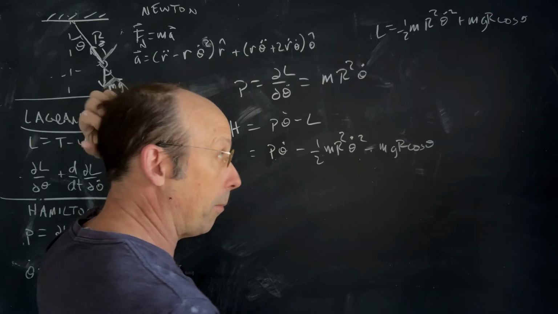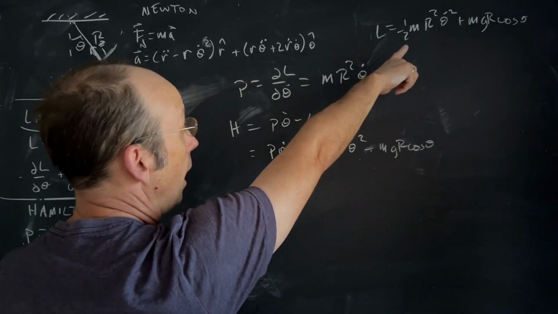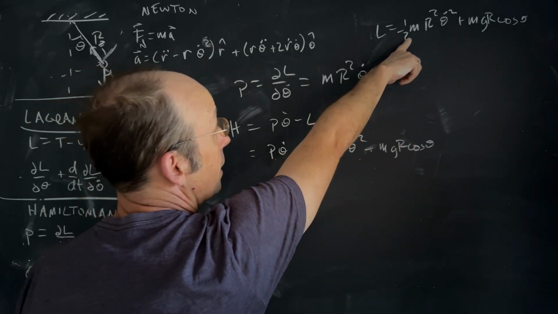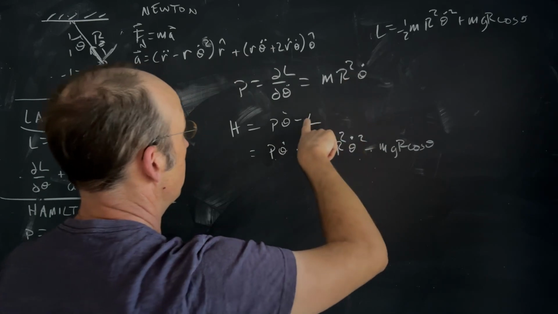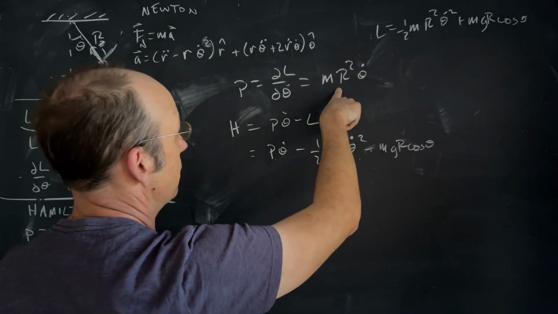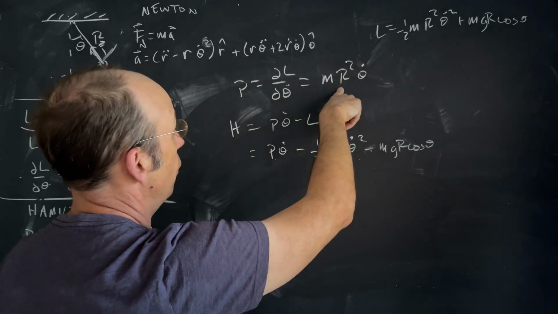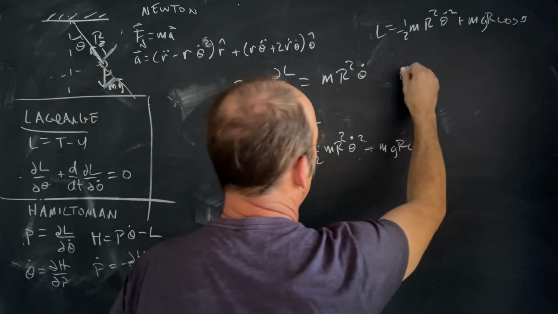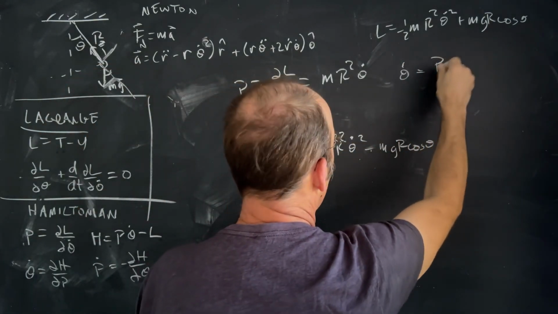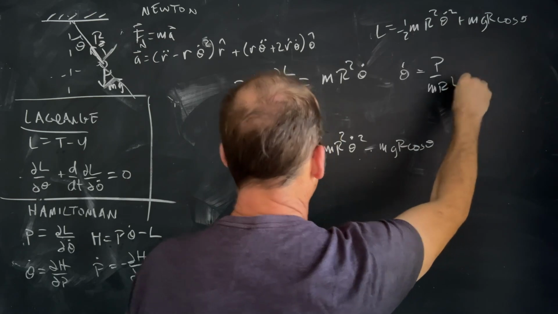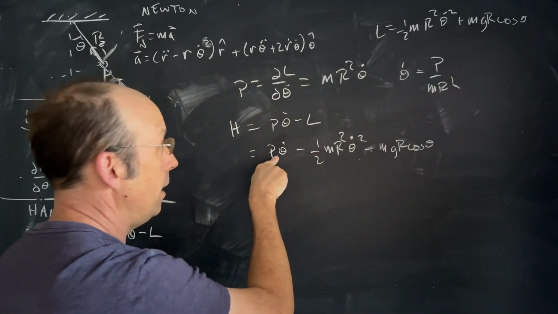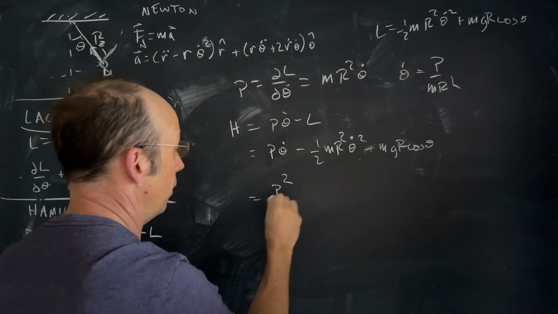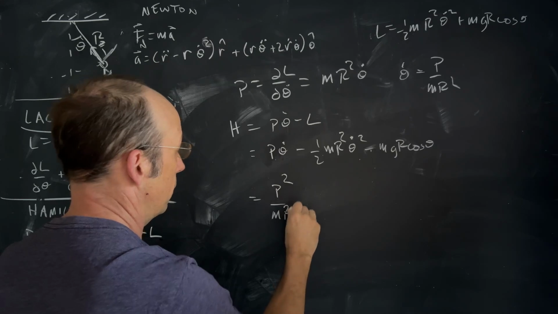So that's my problem. If you just solve this for theta dot, how about that? Theta dot is going to be p over m r squared. So down here I get p times p, so p squared over m r squared.